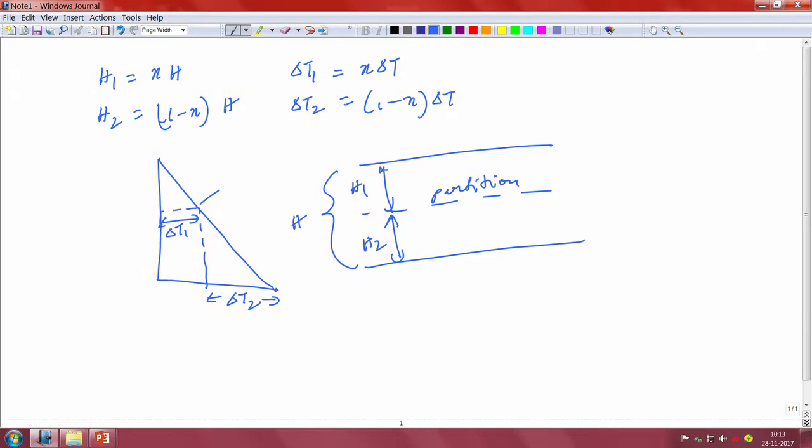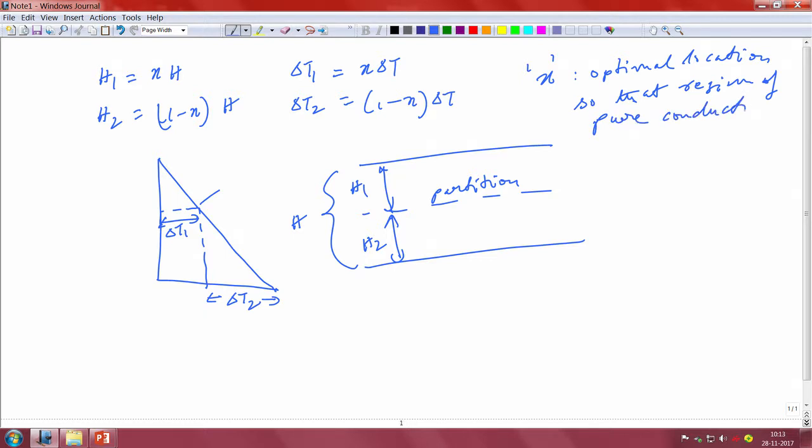Now, our objective is to determine the optimal location x, so that the regime of pure conduction can be achieved for the highest Ra_H.